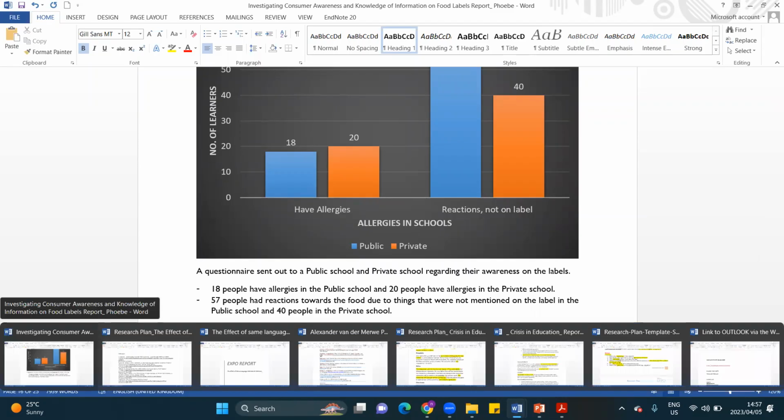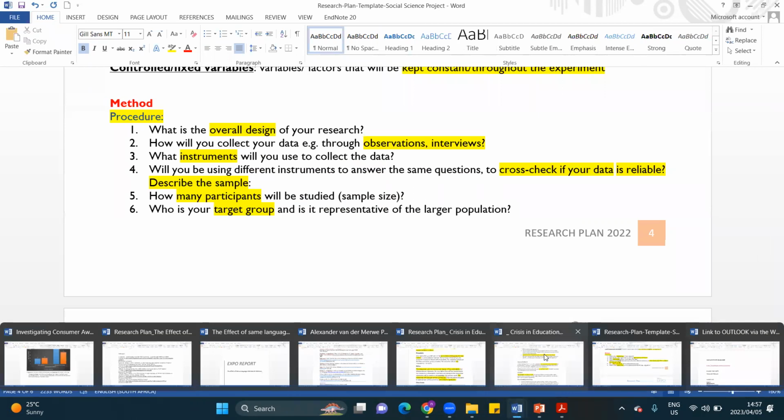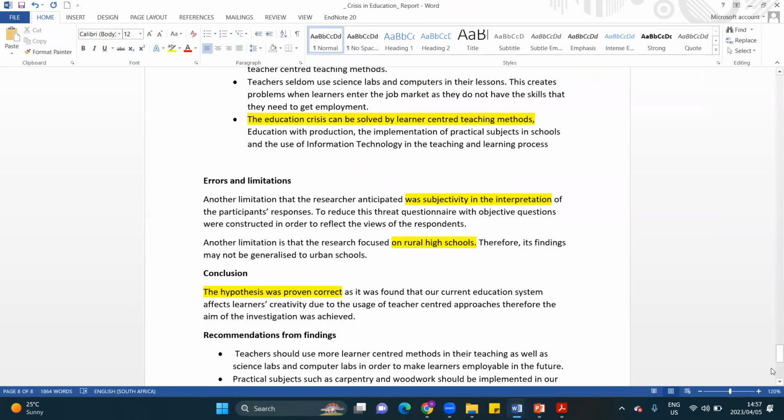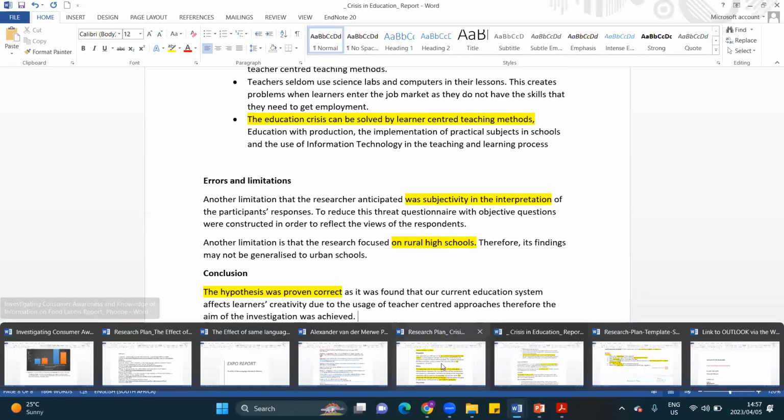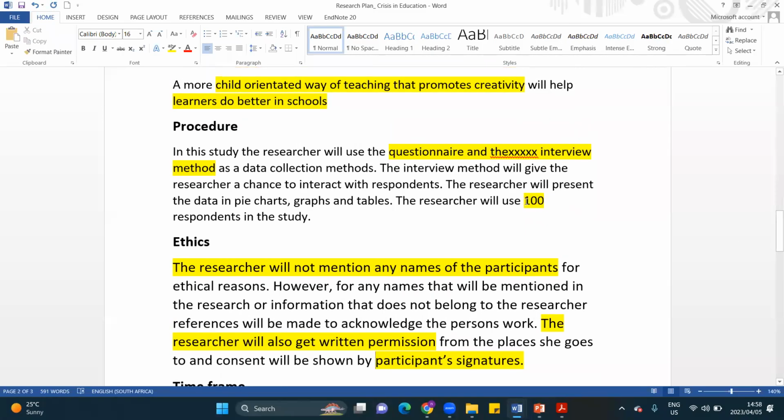The learner can decide. Like the one on the education crisis was purely, let's go back to the education crisis research plan. Not that one, sorry. This one. This is a purely quantitative study, because 100 questionnaires went out.